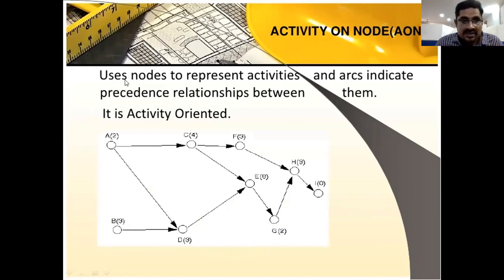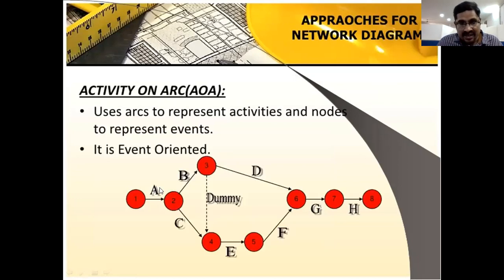Look at this: use nodes to represent activities, and arcs indicate the preceding relationship between them. It is an activity-oriented diagram. In the previous slide, this activity indicated D.